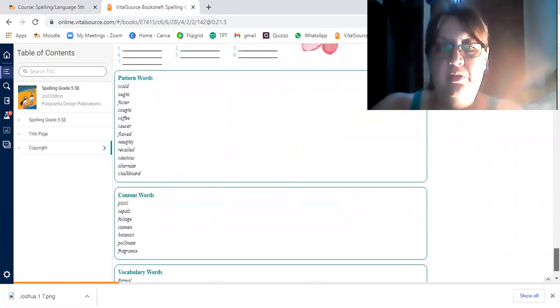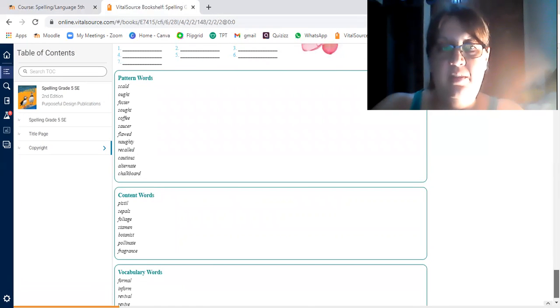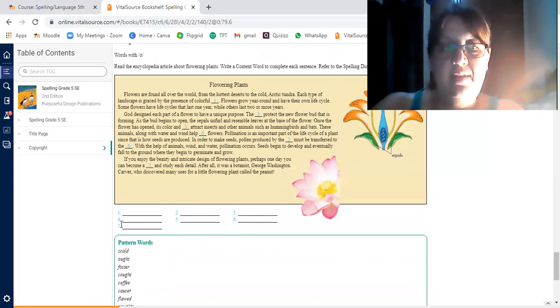So you can either go down to your content words or up, and you're going to pick which word goes best there, and then on line 1, you'll write that word. Now you can either print out the pages or you can do it in your spelling notebook and then take a picture. But you just need to write the number here and then tell me what the word is that matches that spot. Okay, you do not need to write out this whole paragraph unless you want to.